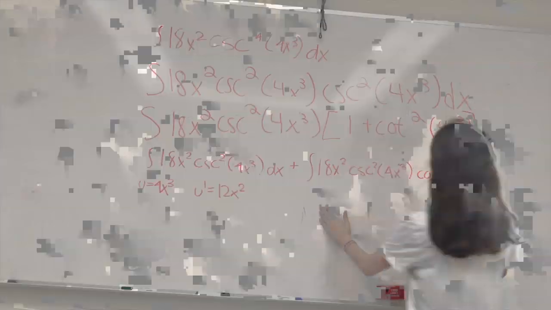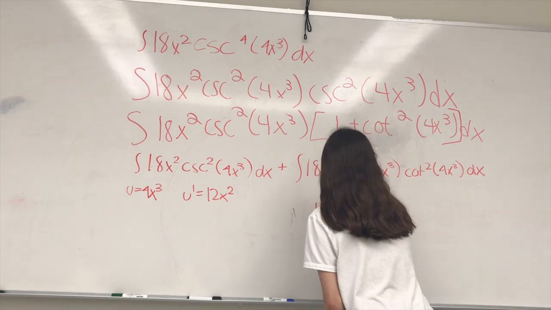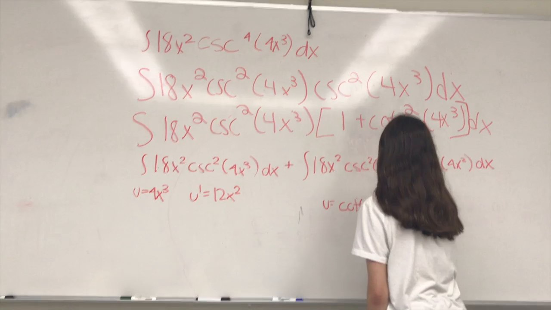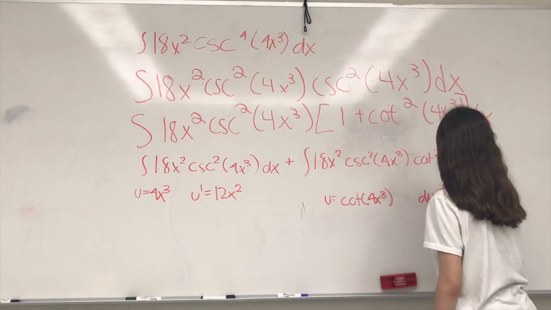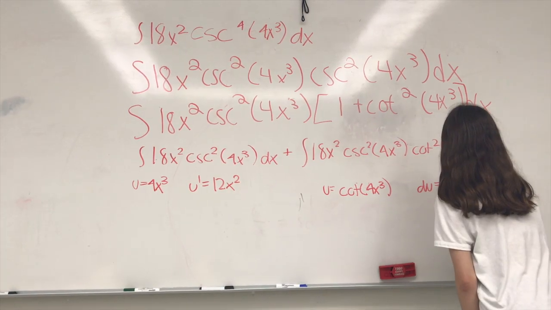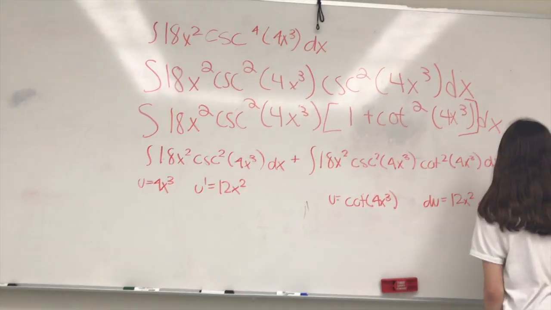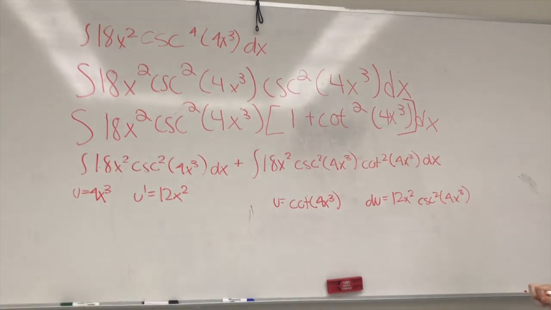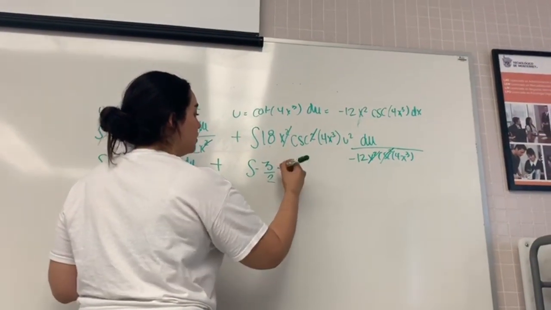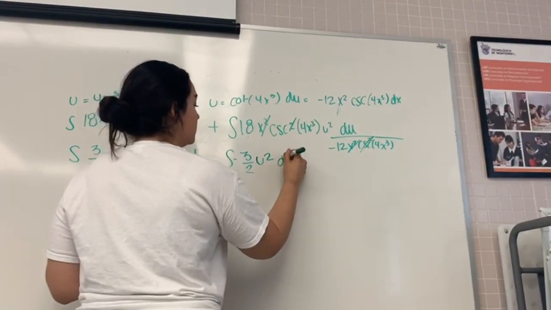For your second integration, your u will be cotangent of 4x cubed, and your du, which is the same as your u prime, will be 12x squared times cosecant squared of 4x. And then after you simplify here, you get negative 3 over 2 u squared du.